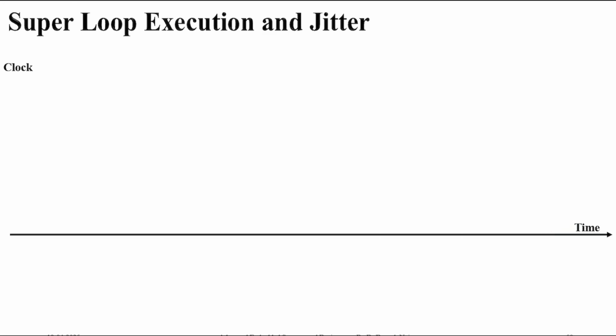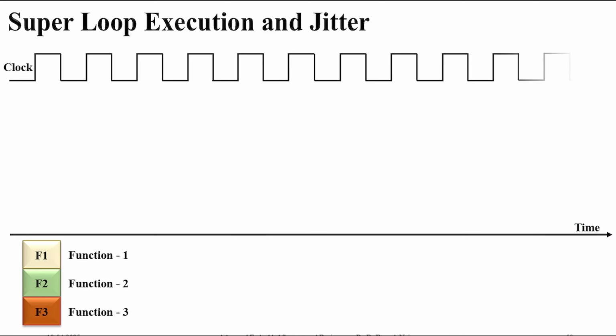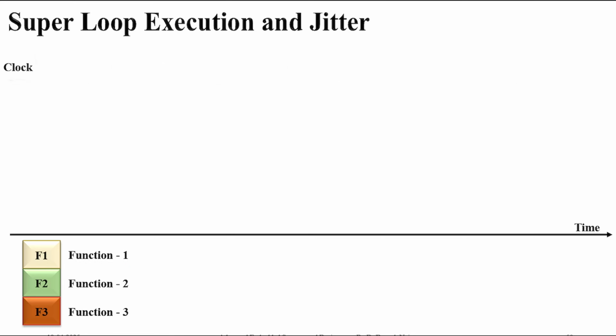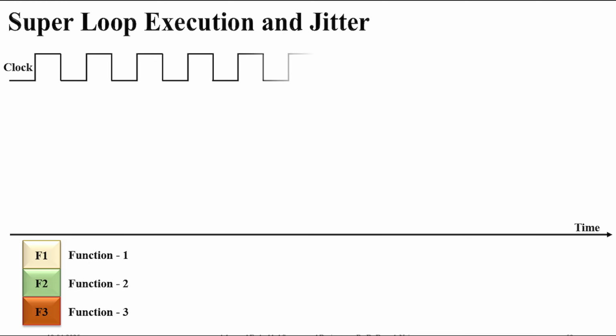Let us take the same example where we had three functions: function 1, function 2 and function 3. In any embedded system, the clock is one of the most important features which decides the speed of execution of the program. This clock will continue to run till we shut down or power off the system.